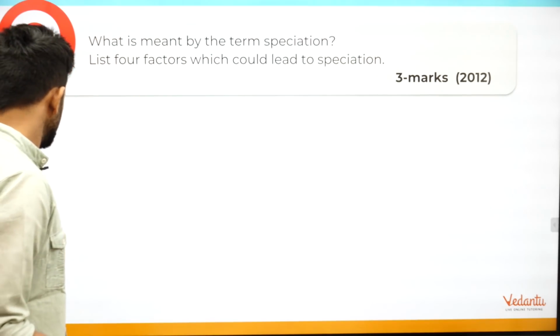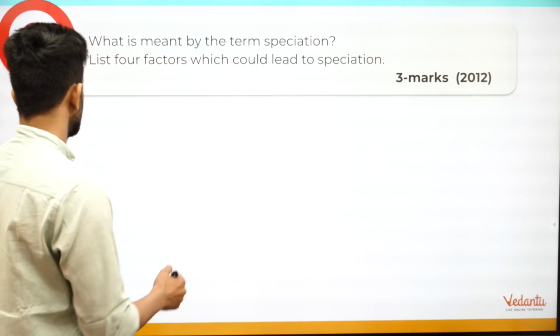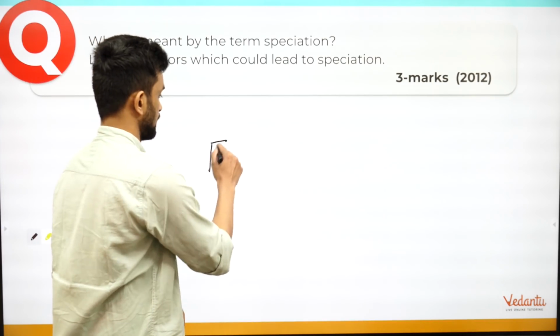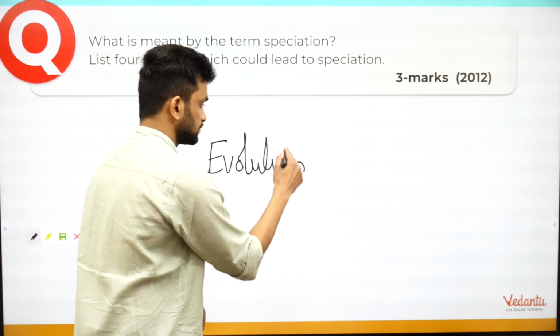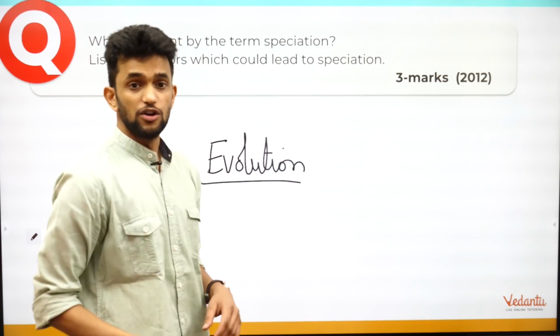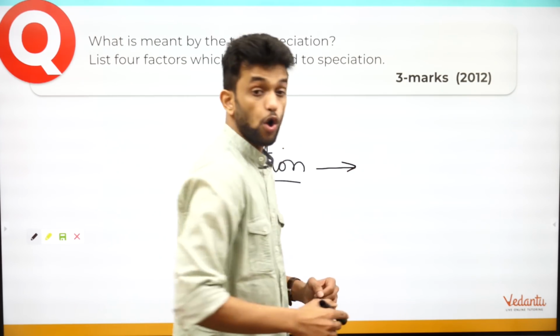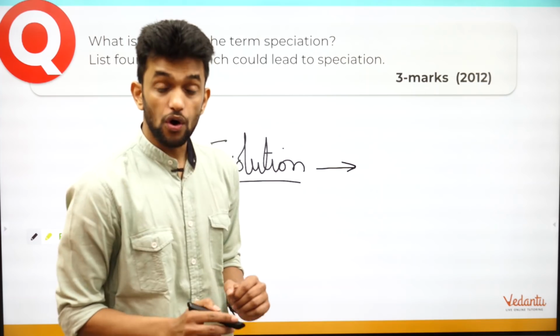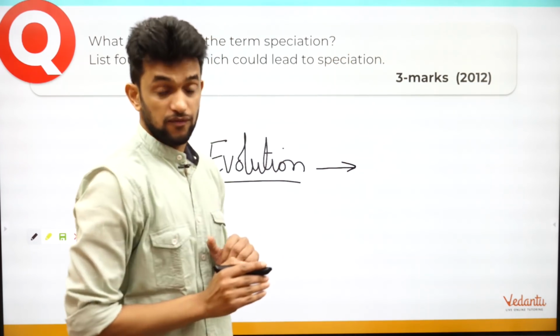The next thing is evolution. What is evolution, people? Evolution is the process of transformation of simpler life forms into complex life forms.